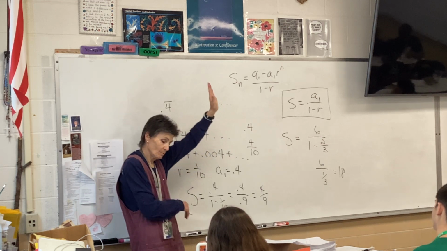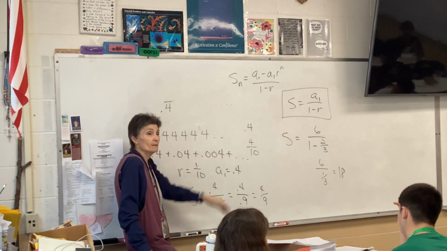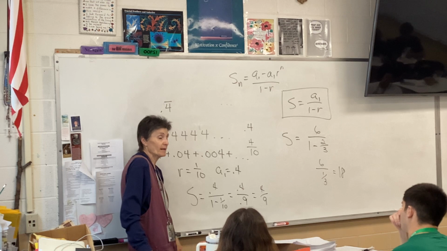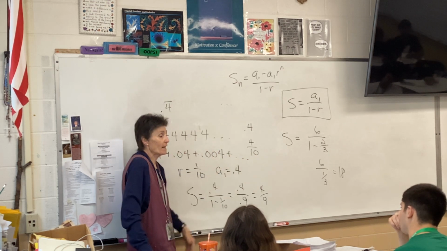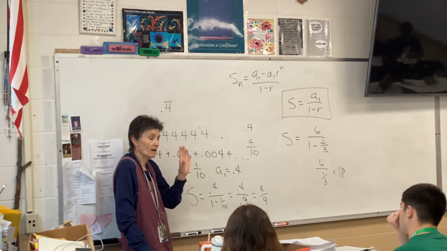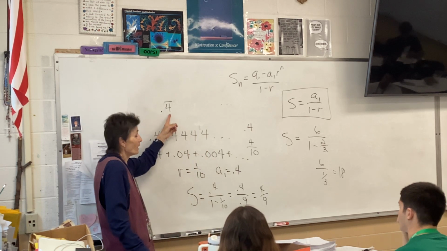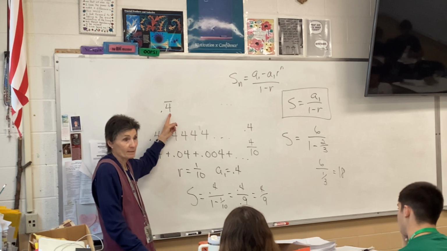How many of you had Mrs. Field for Algebra 1? Okay, you did this in Algebra 1. I know this because I work with her in summer school, so I know what she says. And it's true, it's absolutely true. But I know you've seen this before. If you have one decimal place repeating, it's going to be over 9, instead of 10.